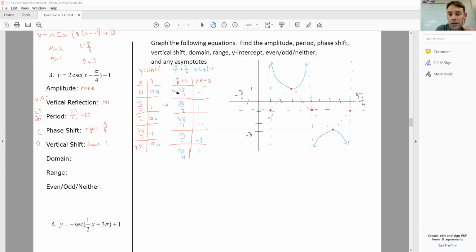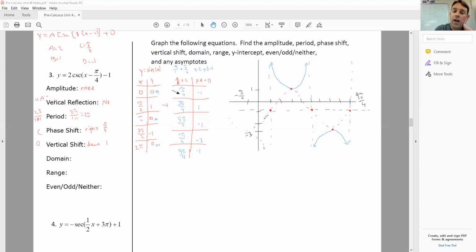Now notice, I can keep doing my graph of sine if I wanted to. That tells me that if I were to take my cosecant graph, it'd be kind of coming over here.